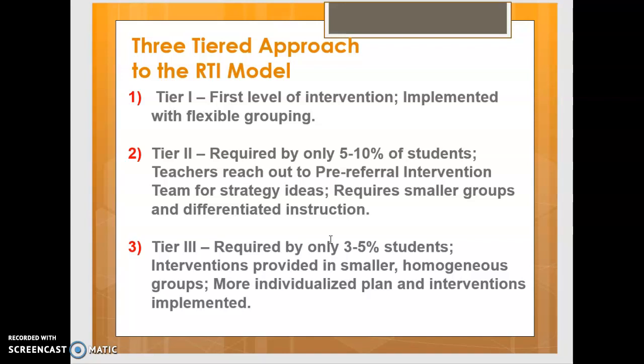I was a part of all the K-2 meetings, and the other resource teacher was a part of the 3-5 meetings, and we would come up with some strategies, some ideas, that the gen ed teacher could then implement. And then tier 3, about 3 to 5% of students, smaller groups, individualized, and more intense.